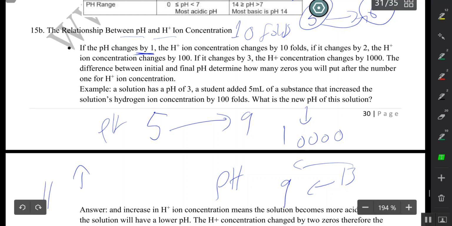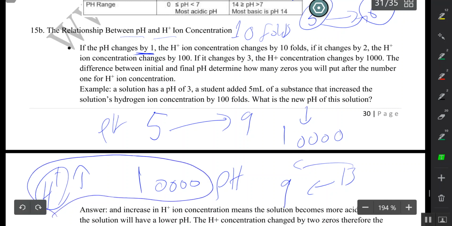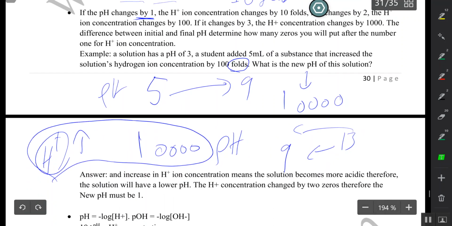So the hydronium ion concentration increases, and it increases by, in this case, from 13 to 9 is 4 zeros. So here's 1, 2, 3, 4, 4 units, 4 zeros, and just put a 1 before that. So it increases by 10,000 folds. Okay. Here's another example, and here's the answer.